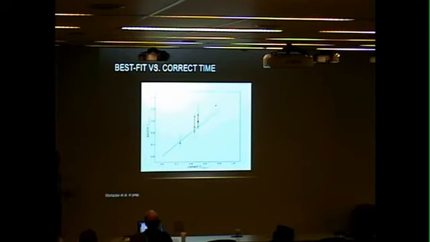This is basically the merger stage. This black line is the line on which we're supposed to get the answers, and as you can see, these points are following the line. The blue points are the tests with the gas, and the red points are the tests with young stars.